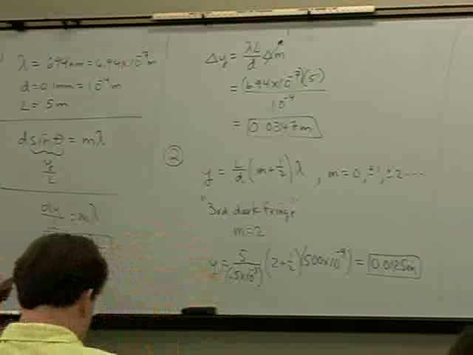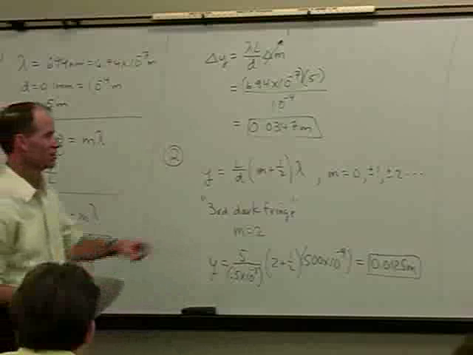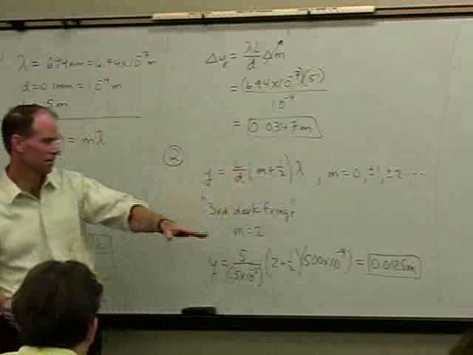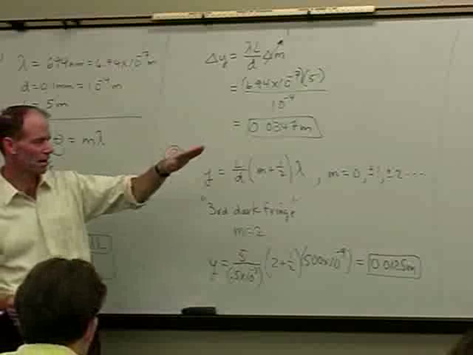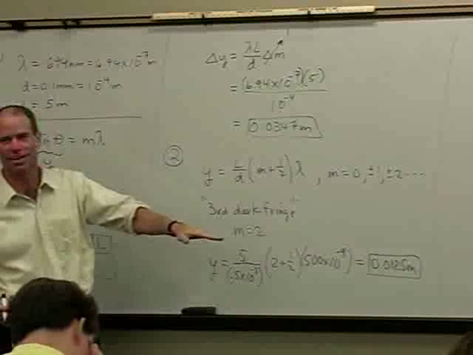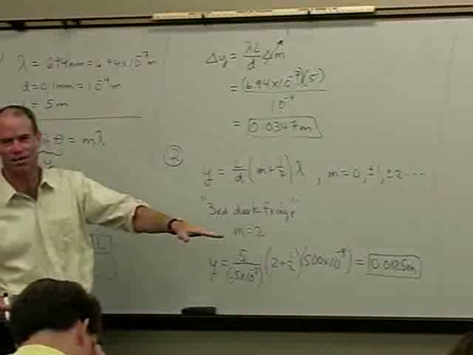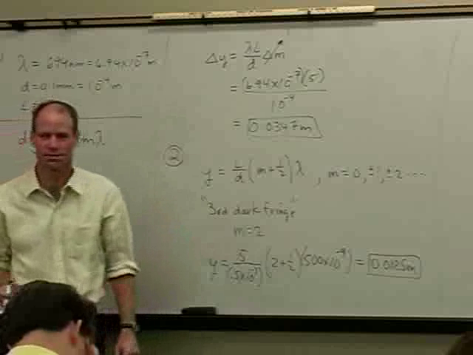I guess you'd have to use a -3 on the other side, right? Because 0 would correspond to a positive 1/2 wavelength this way, and -1 would correspond to a negative half wavelength the other way. So you'd have to use a -3 if you went that direction.